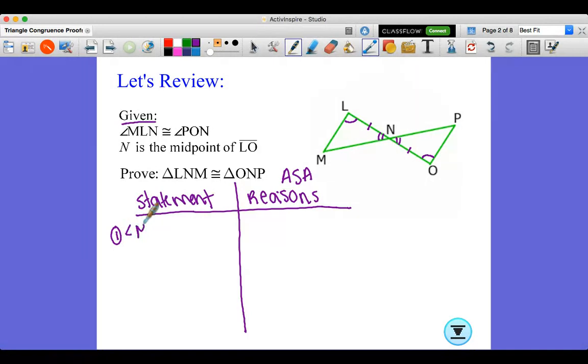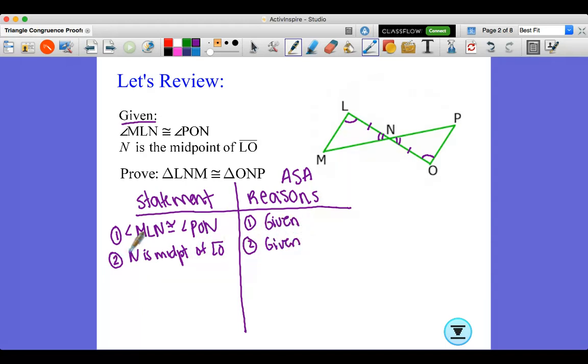I'm going to start with angle MLN is congruent to angle PON. And my reason for that is given, right? Everything has a reason. If you can't explain why you're writing it, then you shouldn't be writing it. Two, N is the midpoint of LO. Reason? It's given, right? I knew this information.